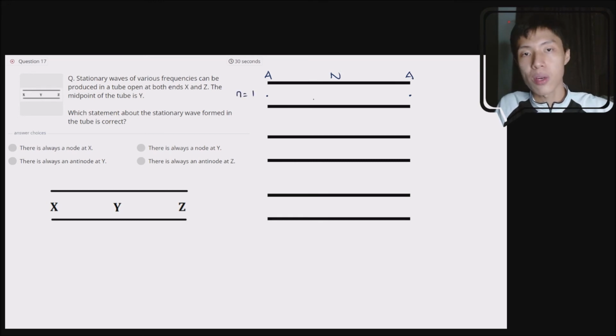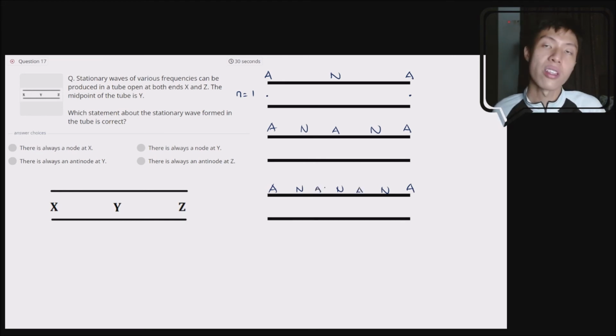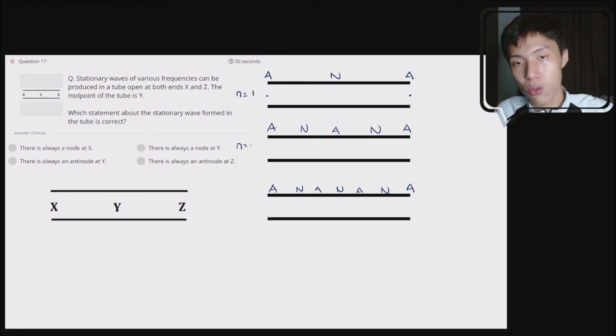If you go up by one step, then you introduce one more node, then it'd be like this. Then you go up one more step, then you introduce 3 nodes inside. Then you know that all these nodes must be separated by an antinode in between. That is what happens if you go up from n equals 1 to n equals 2 to n equals 3. Okay, so let's look at each of the statements here.